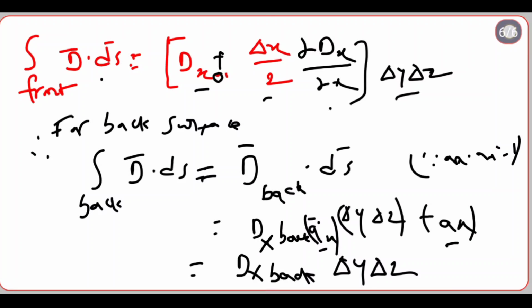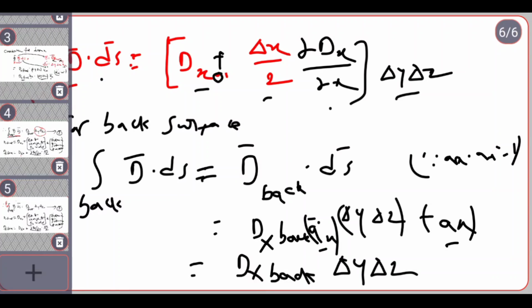Now dx back is changing with the x direction; at point P it is dx naught. Similarly we have to assume the dx front, which is dx naught plus the rate of change of dx with respect to x into the distance of the surface from point P. The same procedure we have to apply for this also.